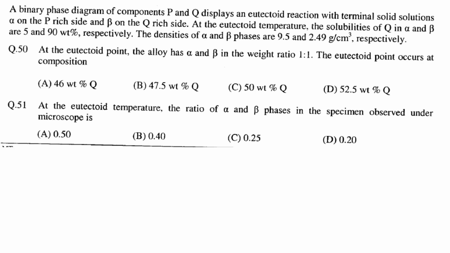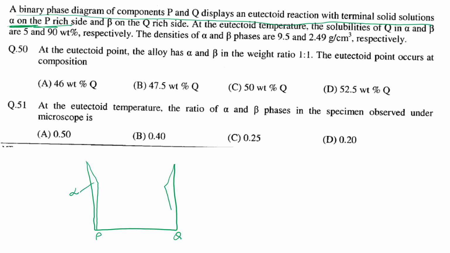So we need to find the eutectoid point composition. The first task will be to draw the phase diagram. It should be something like this. See what information is given: a binary phase diagram of components P and Q displays a eutectoid reaction with terminal solid solution alpha on the P side. So let us write alpha, and beta on the Q side.